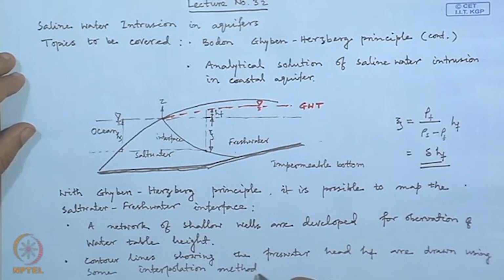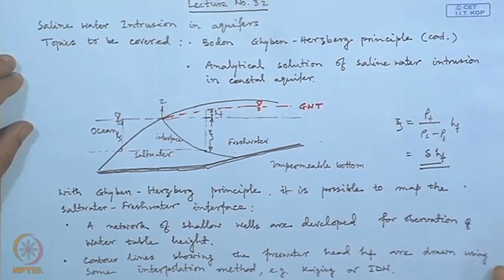What are the interpolation methods we can use? One interpolation method may be kriging or inverse distance weighting method we can utilize. So, for example, we can use kriging or IDW or any recent techniques for plotting our contour lines for the fresh water head HF.